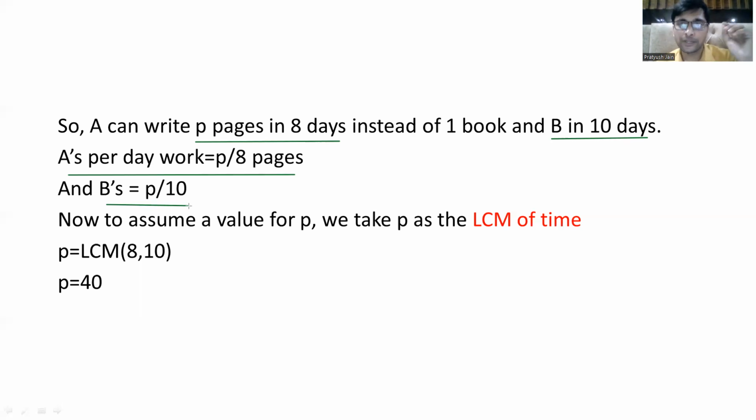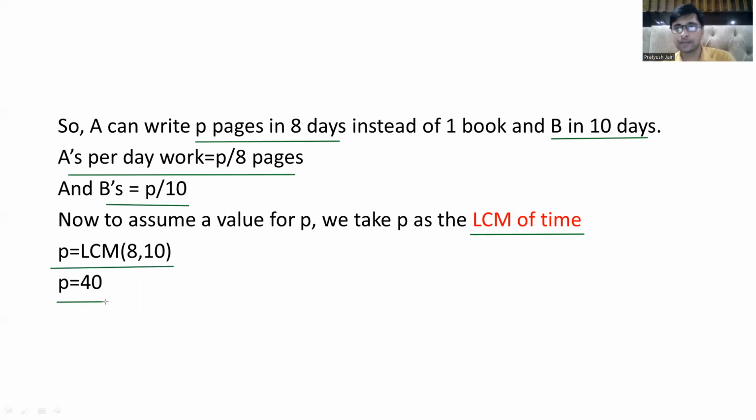We choose this value P, or we break our work in some subunits in such a manner that this value of P will be LCM of time. If I assume my P as LCM of 8 and 10, then P will be divisible by both 8 and 10, right? In this case, P will be LCM of 8 and 10, which is equal to 40.